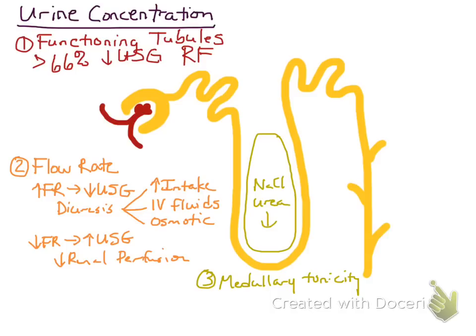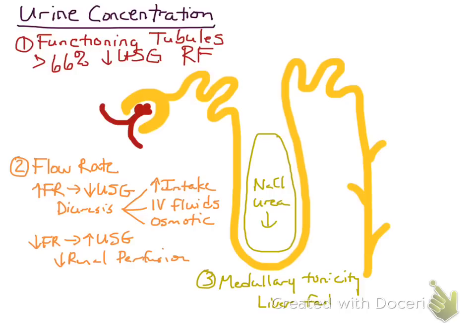So you can get a total body depletion of sodium with any cause of prolonged diuresis, so diabetes mellitus causing osmotic diuresis, or chronic increased water intake like psychogenic polydipsia, or you can get it when there's liver failure, so with liver failure the liver's not producing urea.